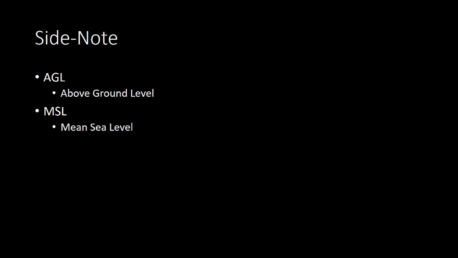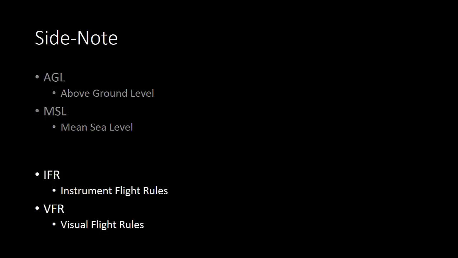Second set of terms we need to be thinking about and aware of is IFR versus VFR. IFR is instrument flight rules. VFR is visual flight rules. Really, this is talking about how you fly the aircraft. IFR means you're using instruments such as an altimeter, you're using a speedometer, you're using all that fun stuff you see in the airplane pilot cockpits.